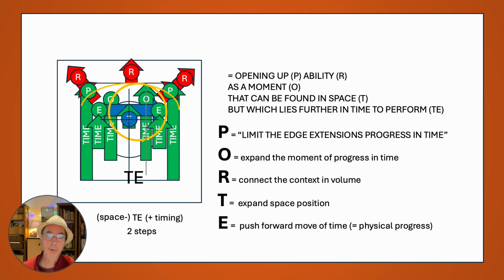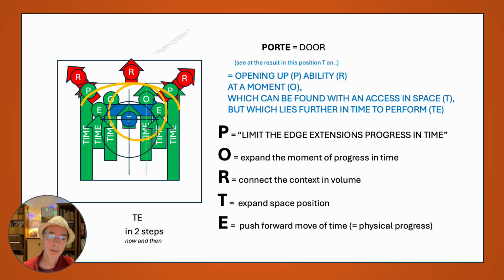Very abstract at this point, but porte, we know, means first of all a door. As an object, it means a door. You can see here it's a physical position on T, but this physical position is enlarged with E, so it's enlarged with something in the background of a time process.